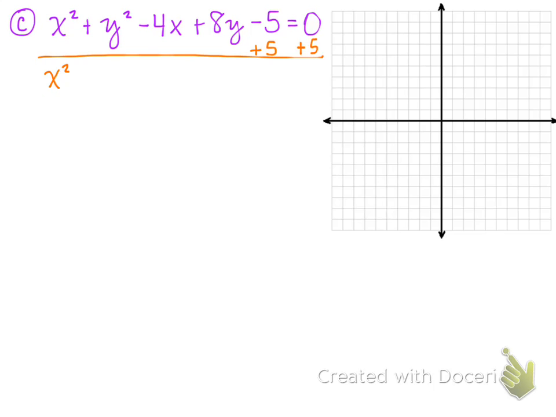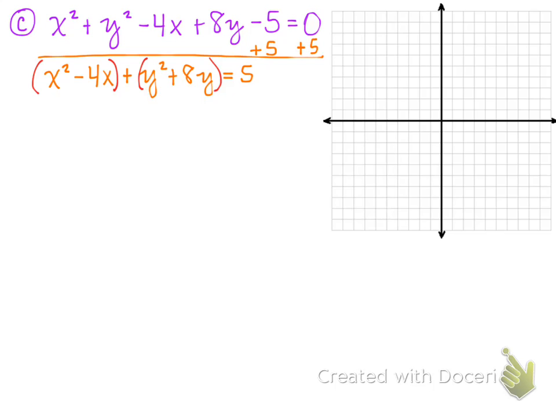So what's going to go with x squared is the minus 4x. I'm going to put my y's together. And what's going to go with the y squared is plus 8y. But now we have it equal to 5 because 0 plus 5 gives us 5. Okay, now we're ready to put it in standard form. Now we're going to group together our x's and our y's.